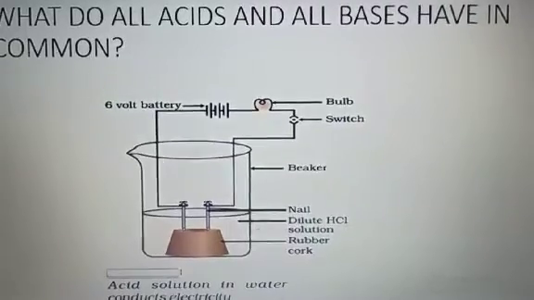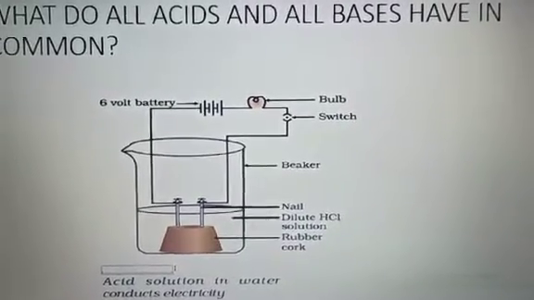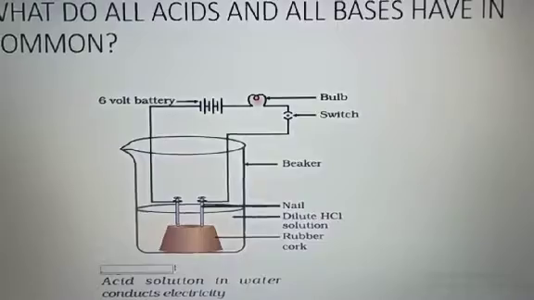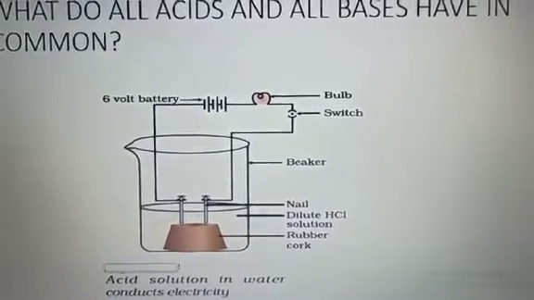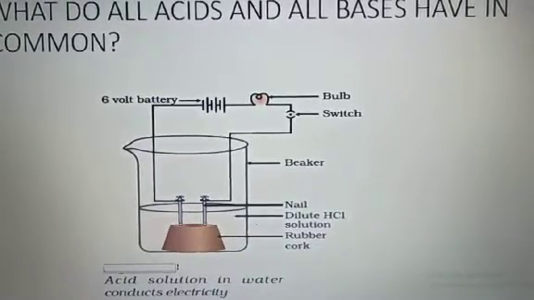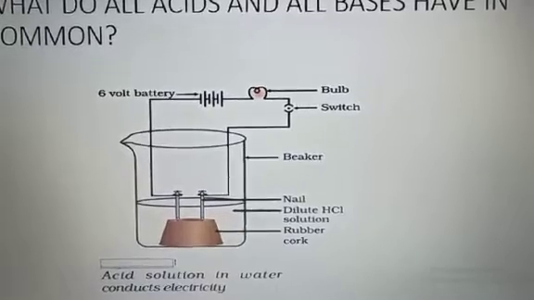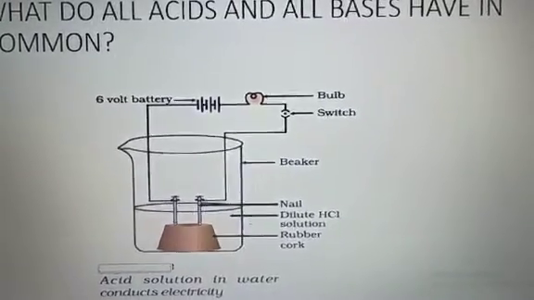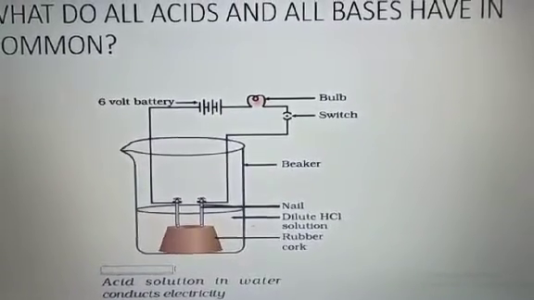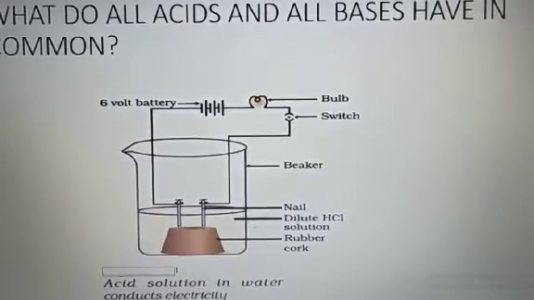But if you take glucose and alcohol, you will see that the bulb will not glow. Why is the bulb not glowing in the cases of glucose and alcohol? Because these do not dissociate into ions.